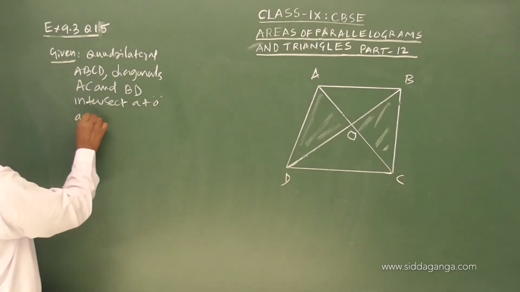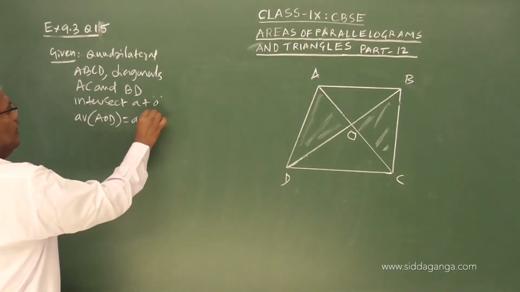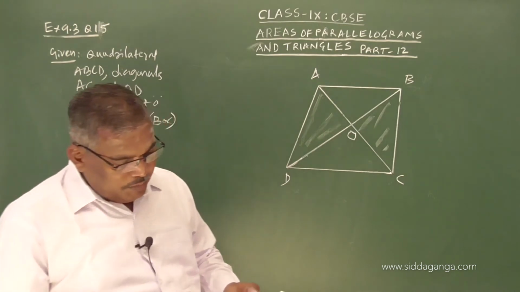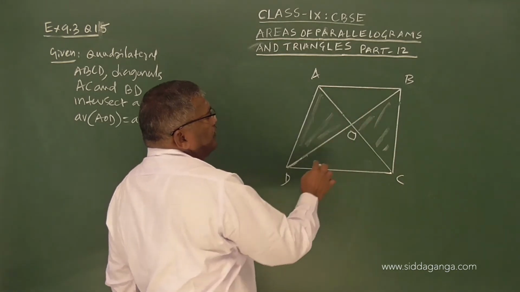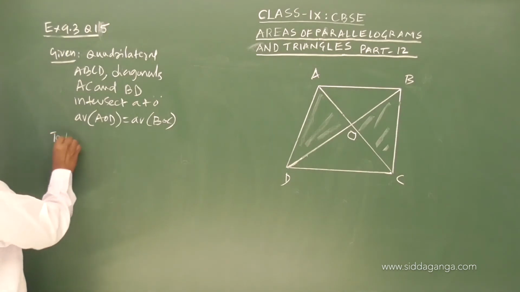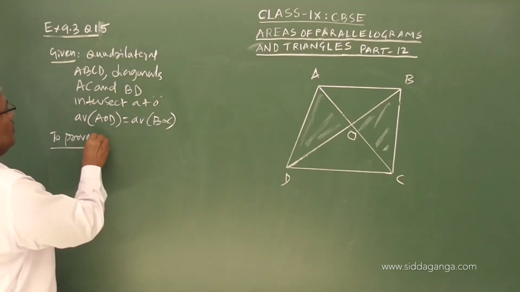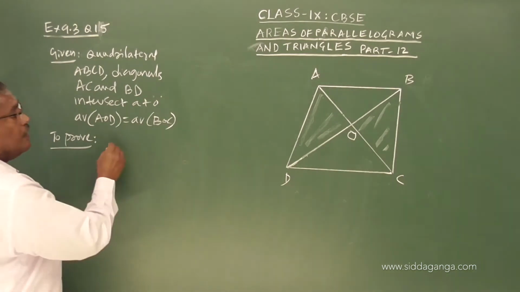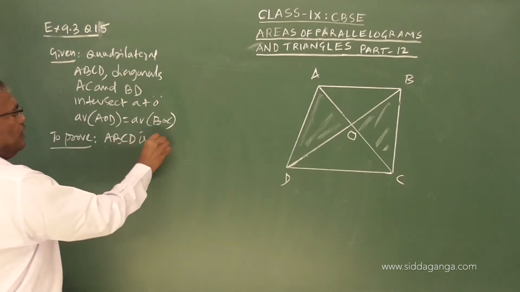Area AOD equals area BOC. Then what is to be proved? Prove that ABCD is a trapezium. So to prove, we have to prove that ABCD is a trapezium.